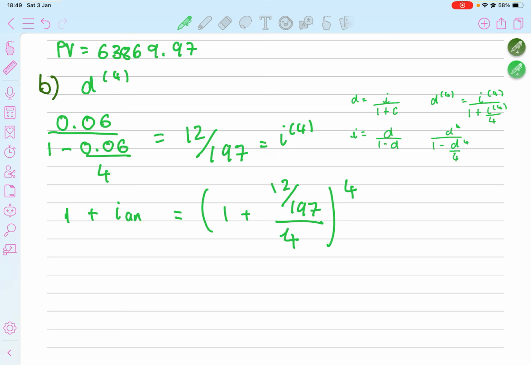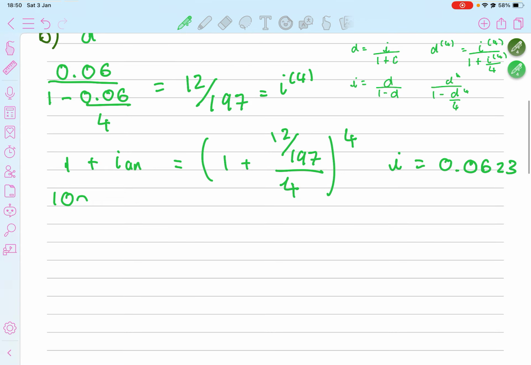My bad. 1 plus 12 over 197 divided by 4, to the 4, minus 1. Okay, so i is actually 0.0623.